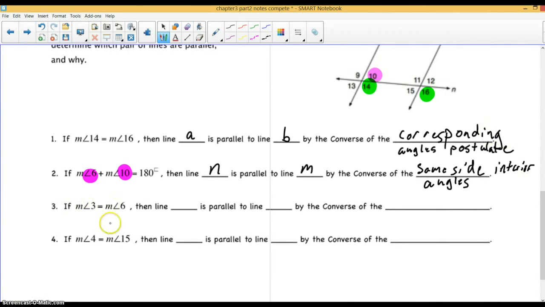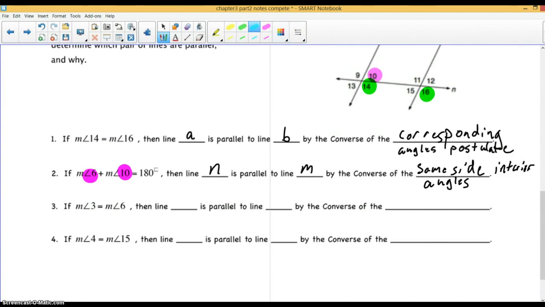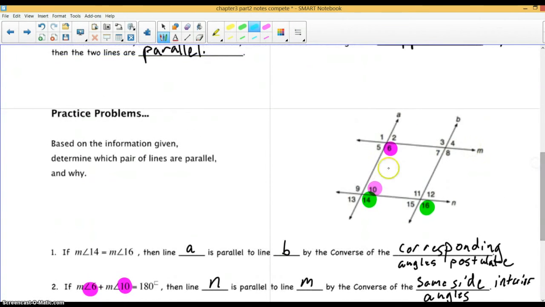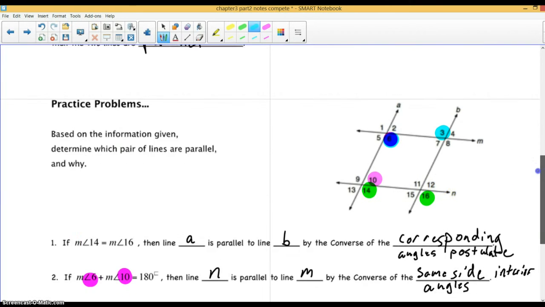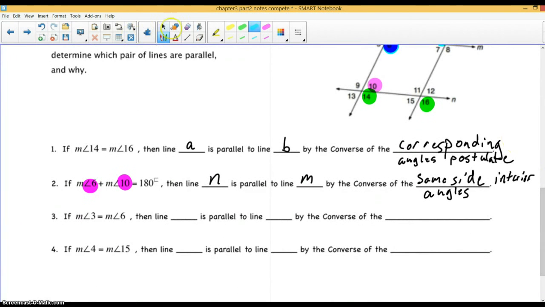For 3, we have angle 3 and angle 6. So again, we find those angles in our diagram. Angle 6 is the one that we had before. Both of those angles are on the interior, and they swap sides, so they're alternating. So we have alternate interior angles.